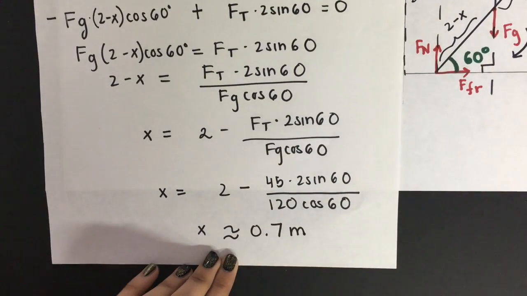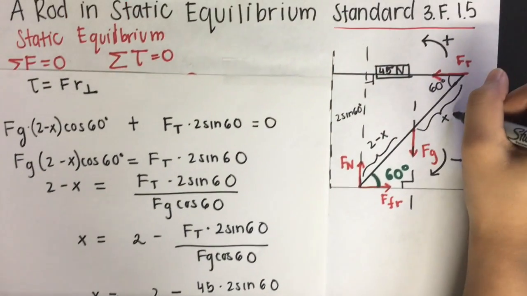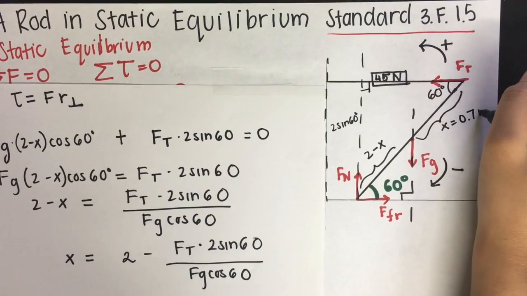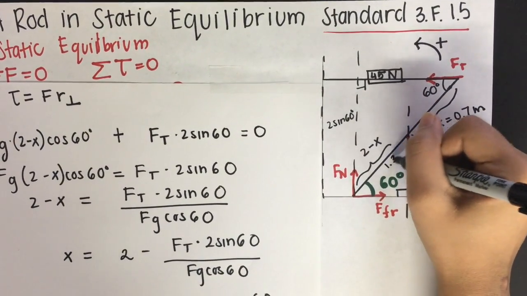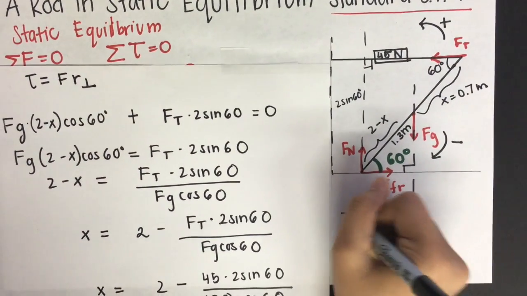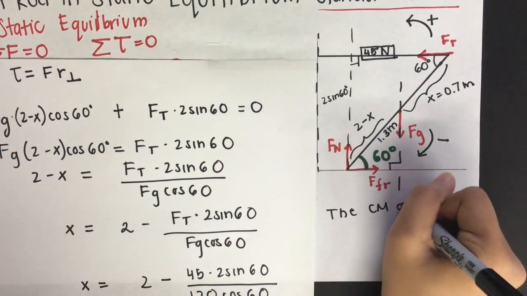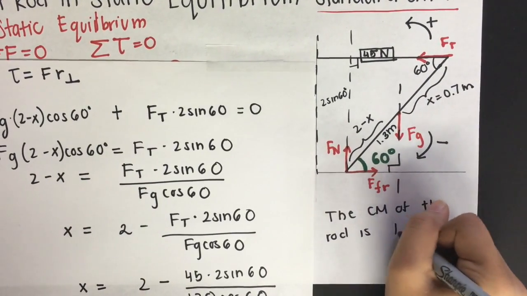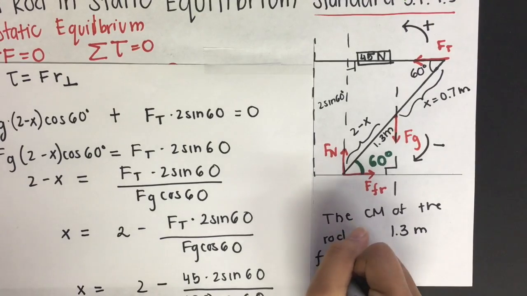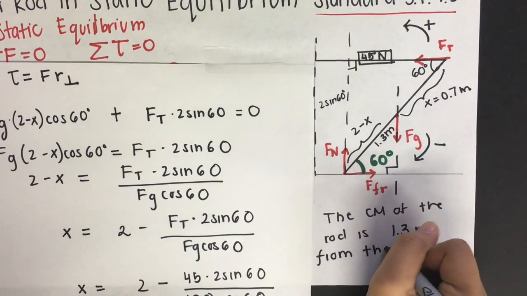So now looking back at our diagram, we know that x equals 0.7 meters. So this portion of the rod will be 1.3 meters. So we can say that the center of mass of the rod is 1.3 meters from the ground.